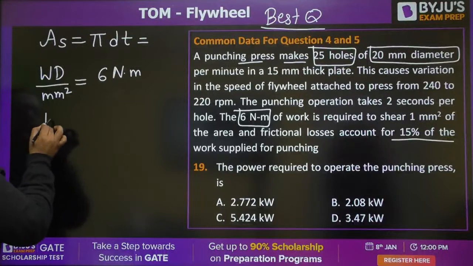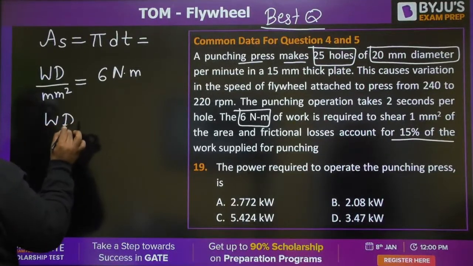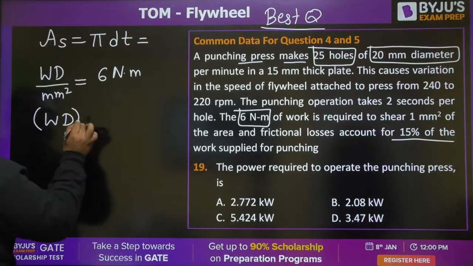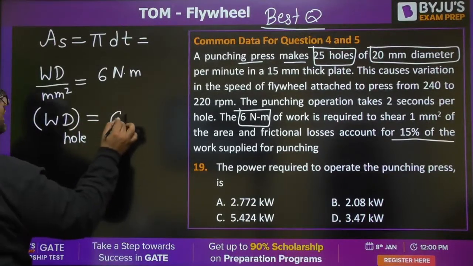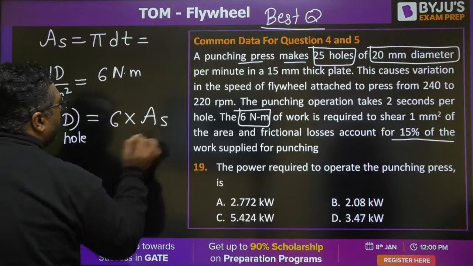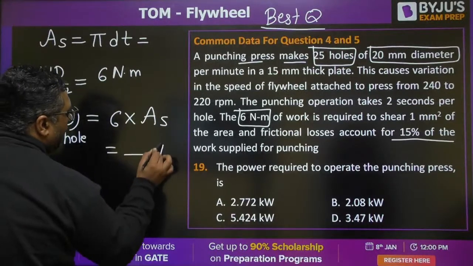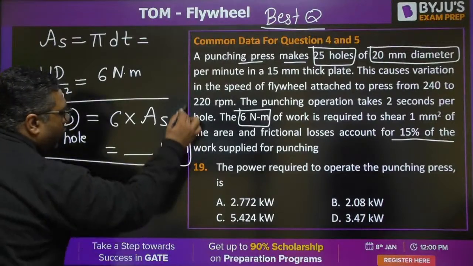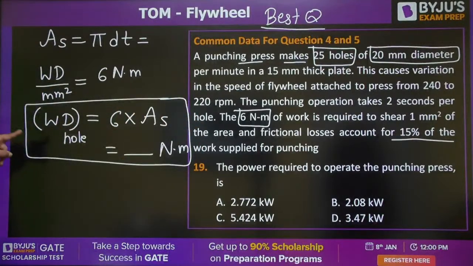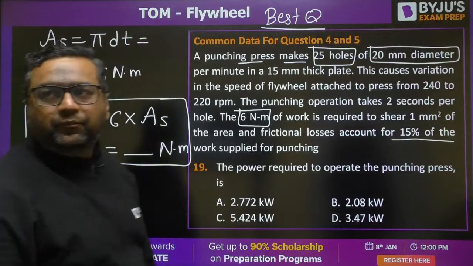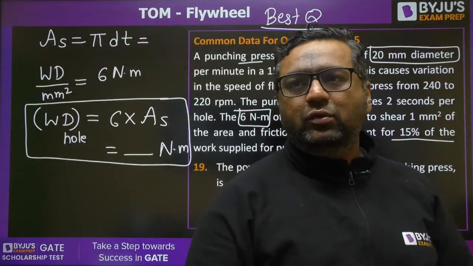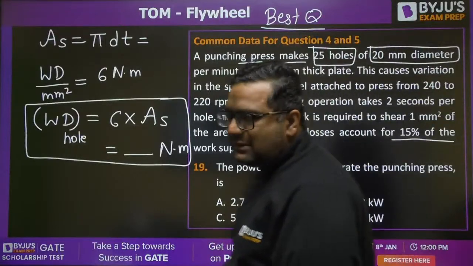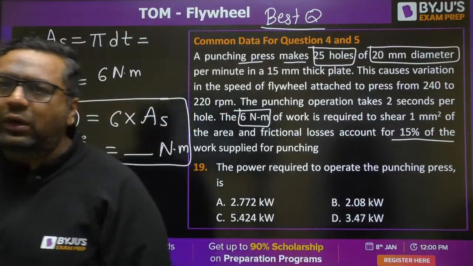So if you want to find out the work done per hole, it equals 6 into shear area. This would have the units of Newton meter. So this is the work needed for one hole. Very good, Teju.